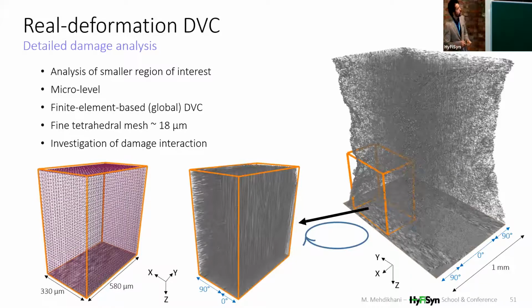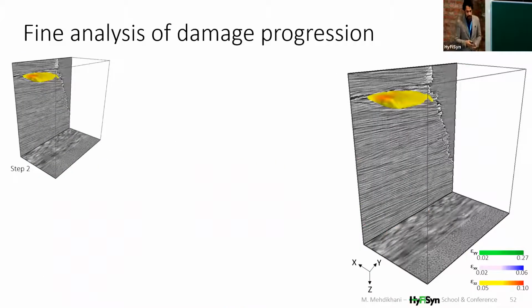Then we choose a smaller region of interest or volume of interest to save some computational costs to perform global DVC, or finite element based DVC. And here we have a tetrahedral mesh of something around 18 micrometers. Let's look at the results.